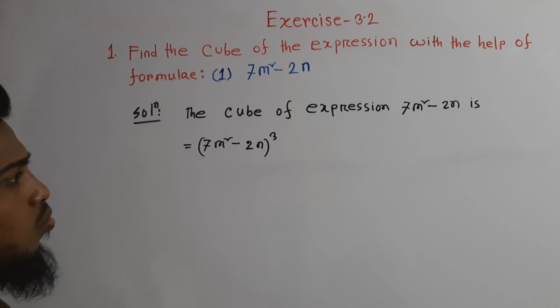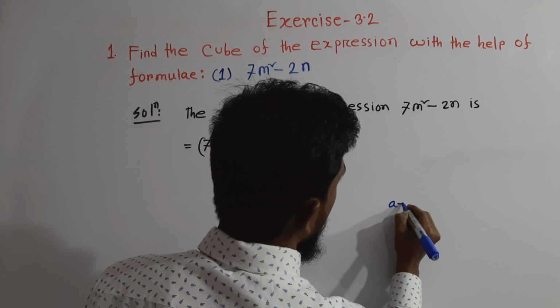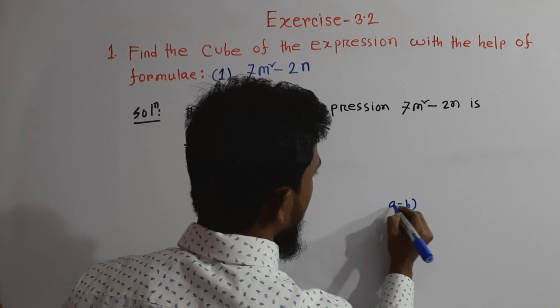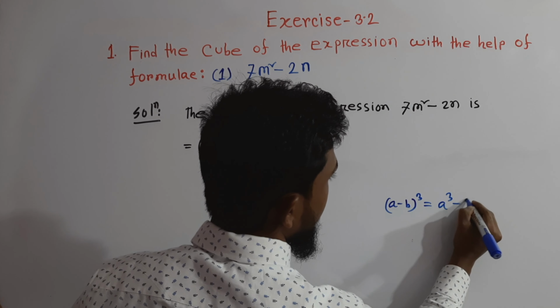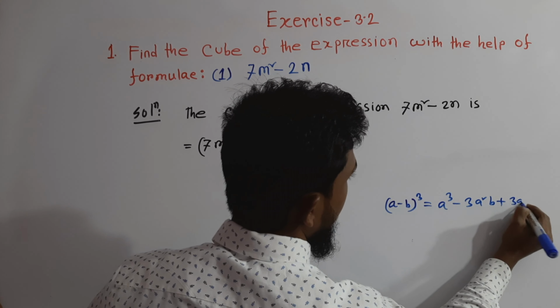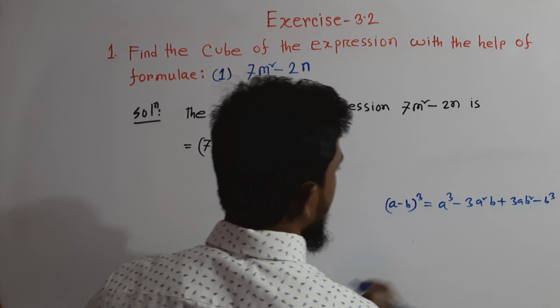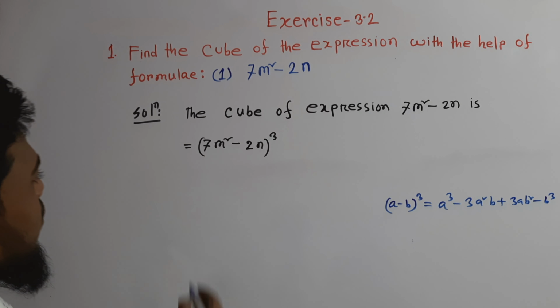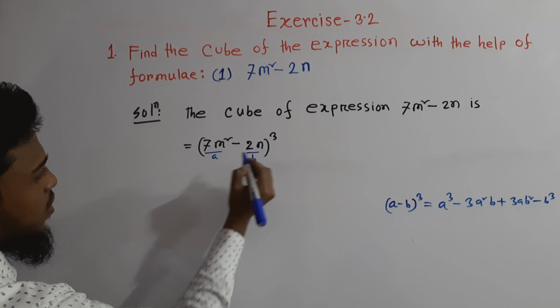Dear student, you know the formula of (a minus b) whole cube is a cube minus 3a square b plus 3ab square minus b cube. Look here, 7m square is a and 2n is b.